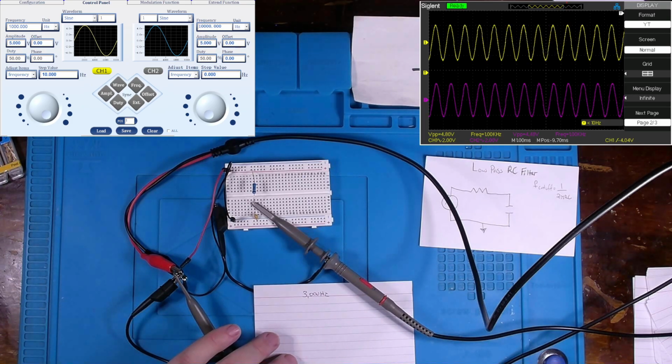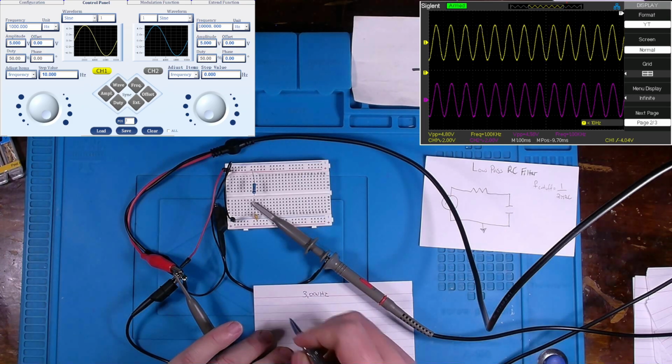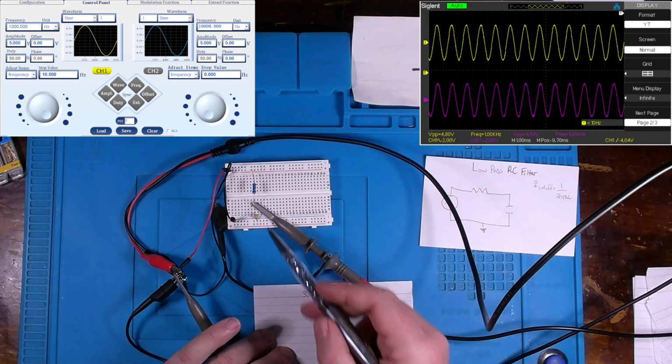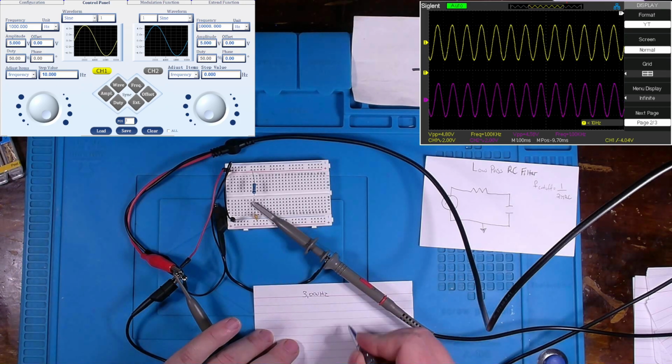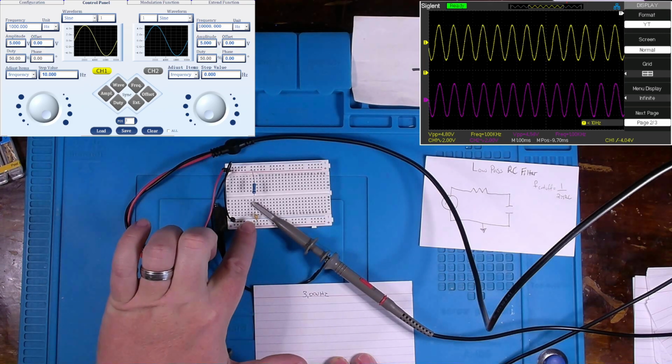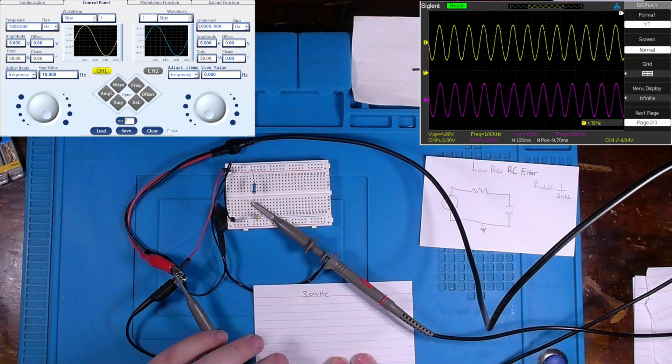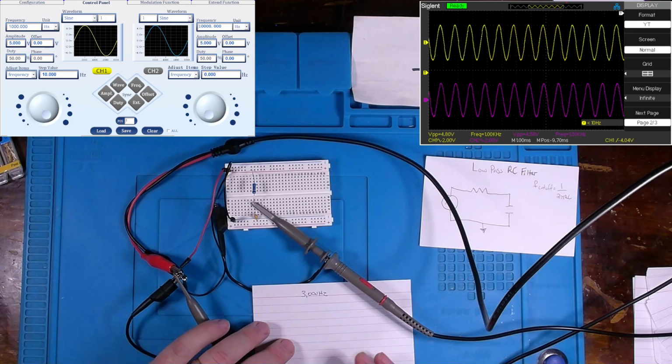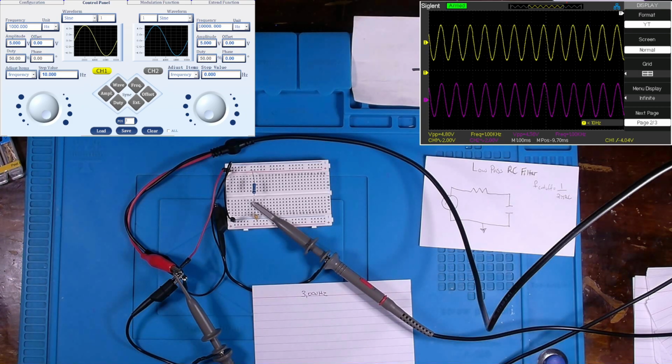Okay. And so I need to get a resistor in line with my 10 nanofarad capacitor here. This is a non-polarized ceramic cap. As close to this frequency as possible.